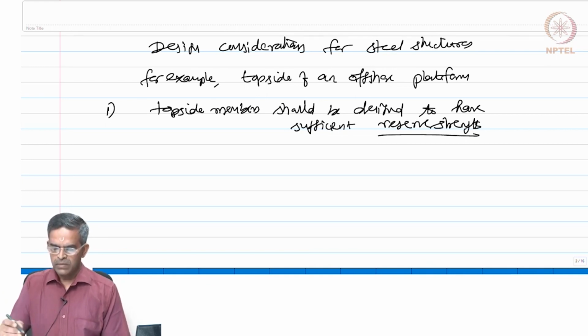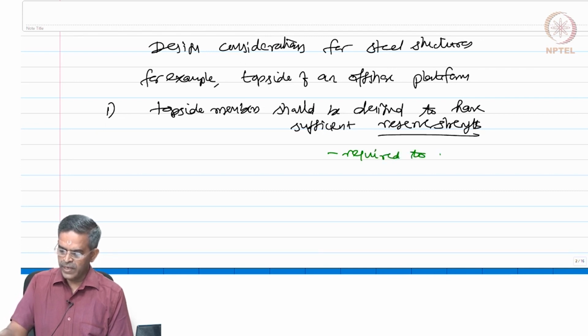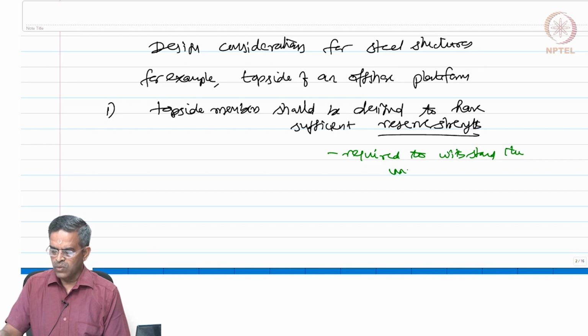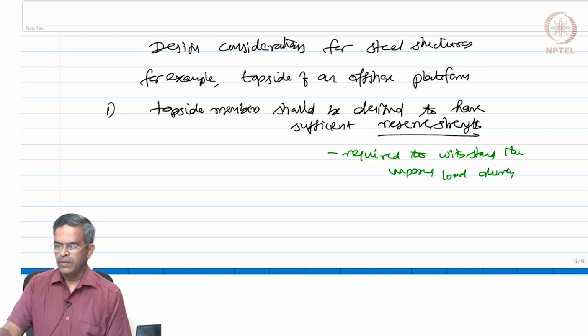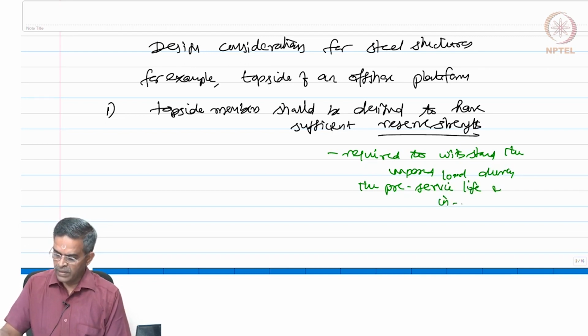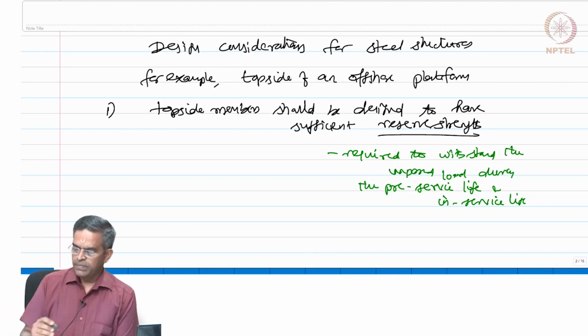Why it is required? The reserve strength is required to withstand the imposed load during the pre-service life and in service life. So, that becomes my first requirement.